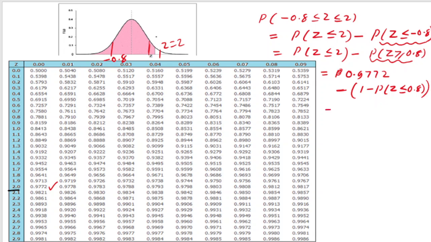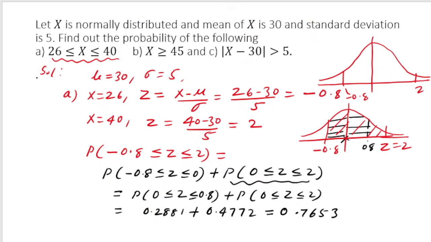So this is equal to 0.9772 minus (1 minus the probability up to 0.8, that is 0.7881). So if you do the calculation, you will get the required value, and that value will be similar to the value that we have already calculated.